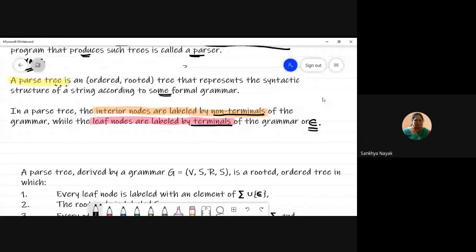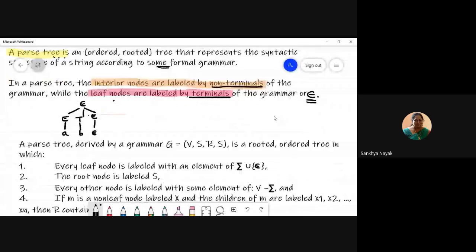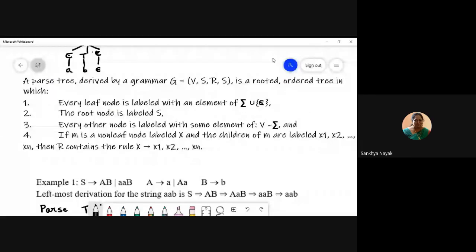If I write a tree, you can see that all these internal nodes will be capital letters and the leaf nodes will be small letters or epsilon.